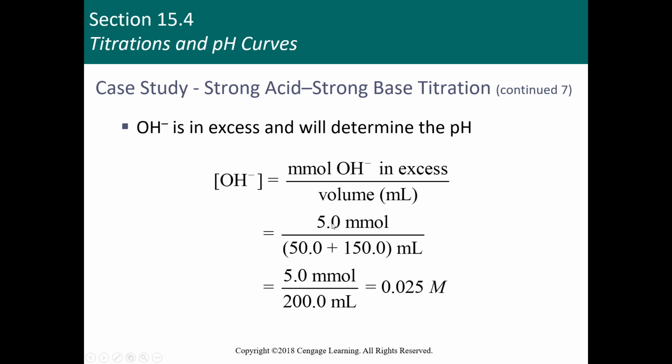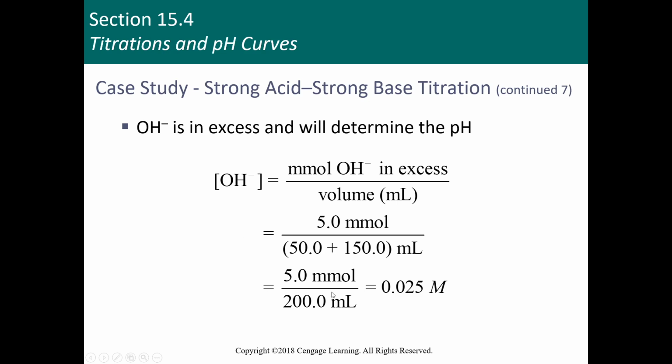So I would do this problem by figuring out my concentration of OH minus first. It's much easier. Now, you take that 5 millimole that's remaining of the OH minus, you divide it by the volume at this new dilution, right, because you've added 150 milliliters into it. So that's 50 plus 150, giving you a total of 200 milliliters for your solution now.